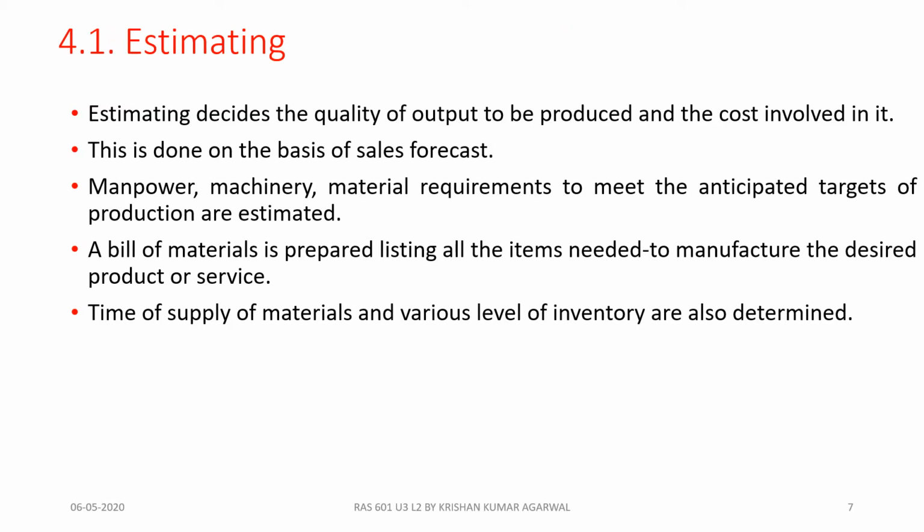As you can see in this slide, the first function is estimating or forecasting the demand. Estimating decides the quantity of the output to be produced and the cost involved in it. Unless and until the manufacturer or marketeer forecasts the demand of the product, they cannot take the decision related to supplying the material, supplying the goods.